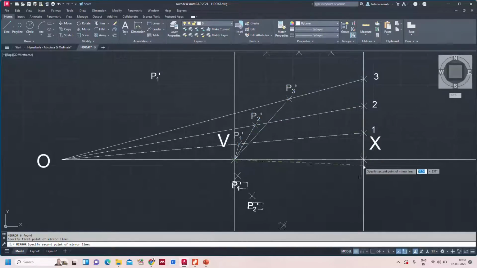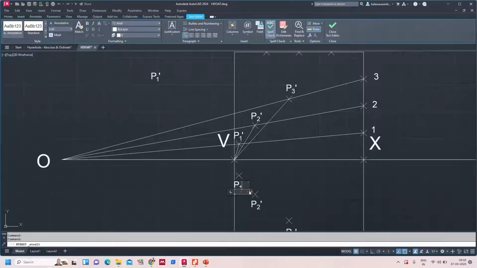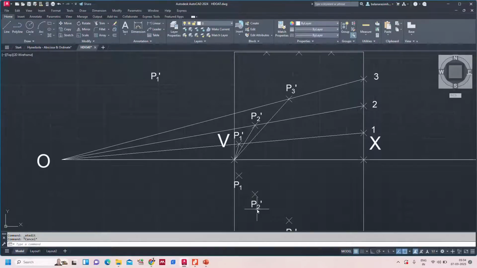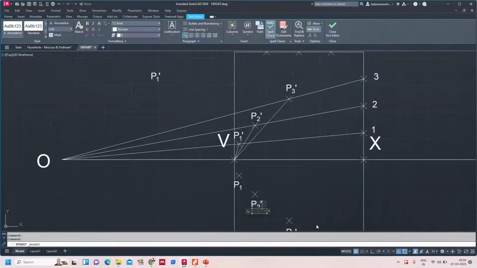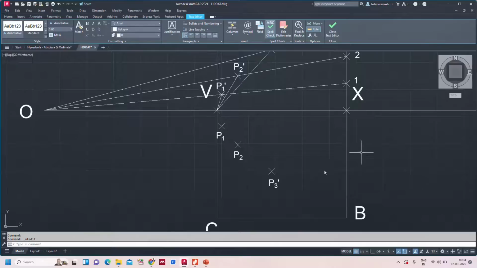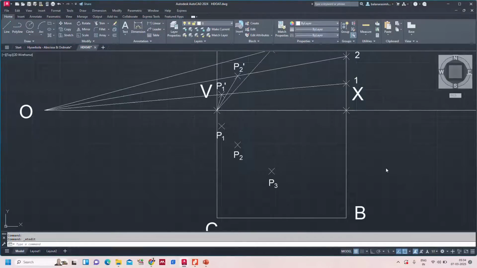So V and X. So this is P1 dash, this is P1, P2, P3. Perfect.